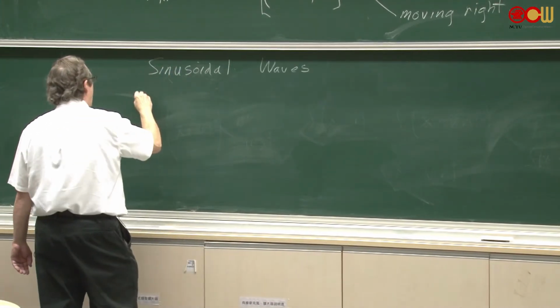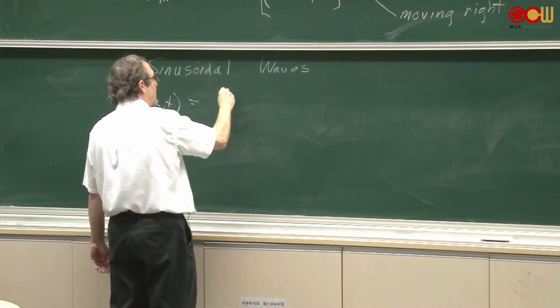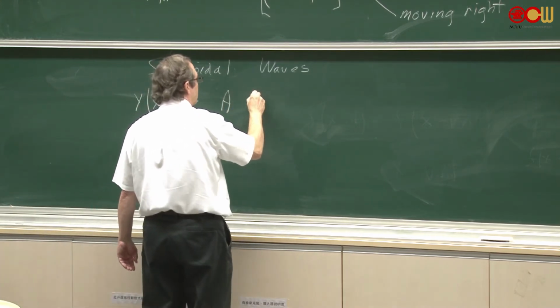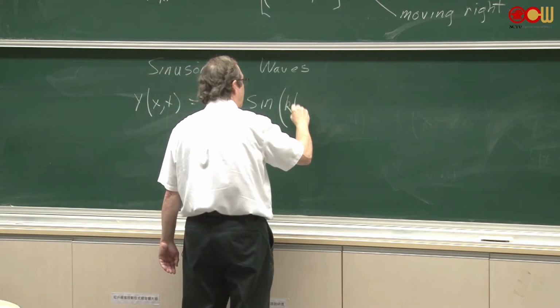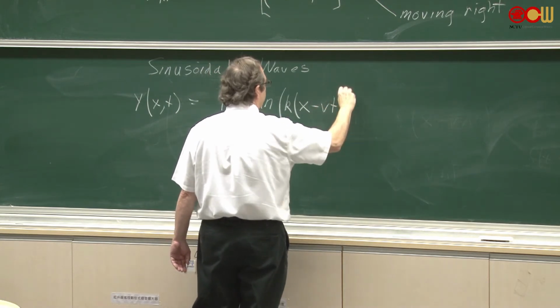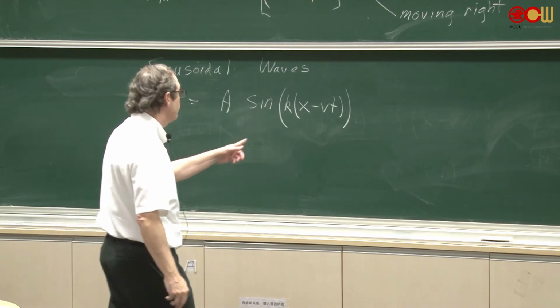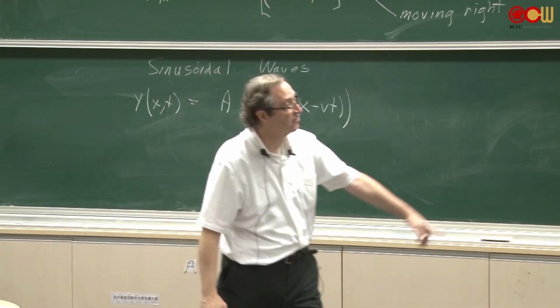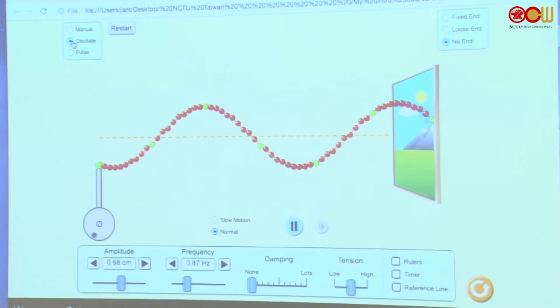All right, so I have y of x and t is some amplitude times the sine, and I'm going to put in kx minus vt. K is some constant. So that's a function of x minus vt. It describes this here. Okay?